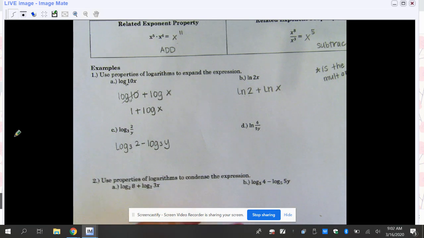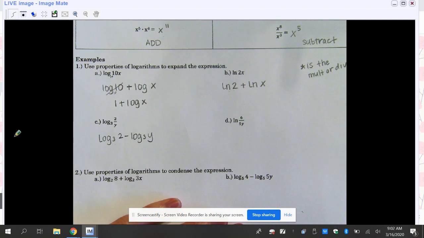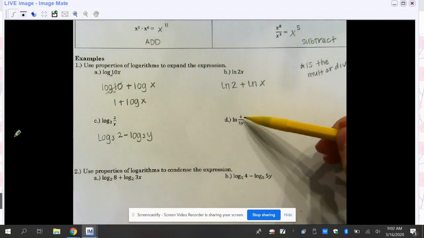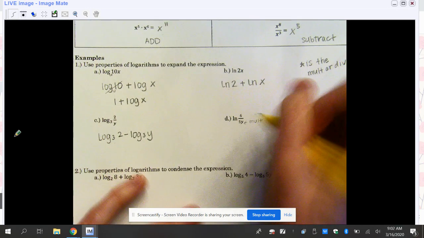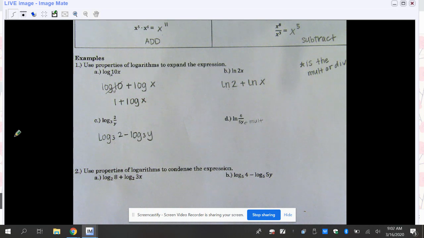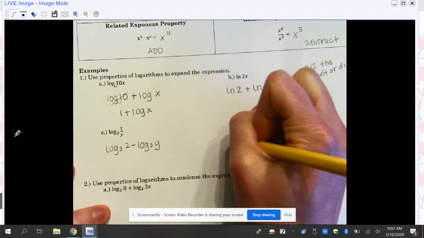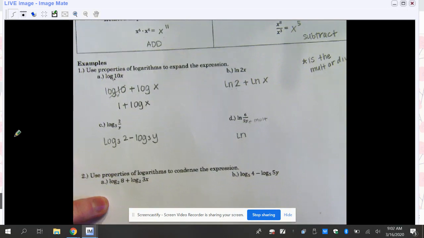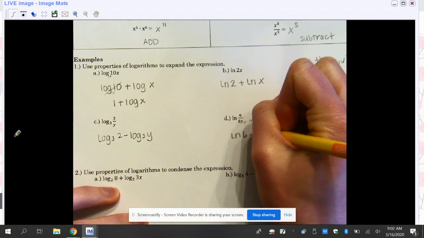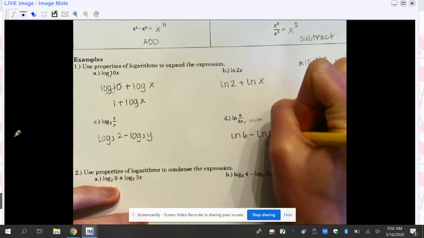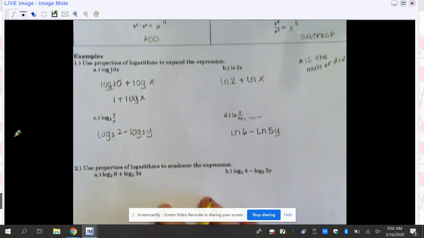So now this one, we're taking it one step further because I see that I'm dividing, but I also see that I am multiplying right here. So this one's going to be an additional step once we get to the end of it. So here I'll take the division apart first. So I'll have the natural log of 6 minus the natural log of 5y.